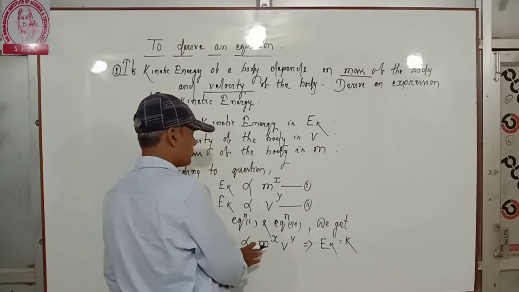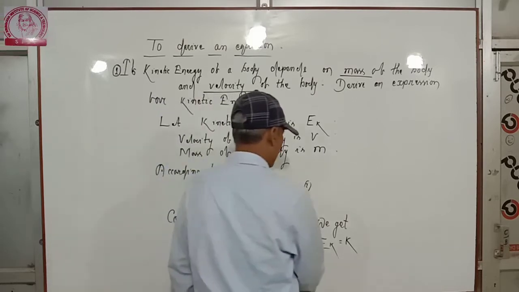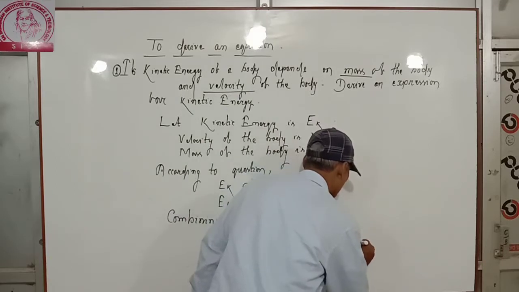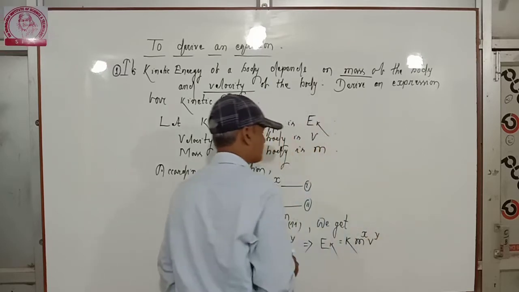Ek is proportional to m to the power x into v to the power y. Implies Ek is equal to k into m to the power x into v to the power y.